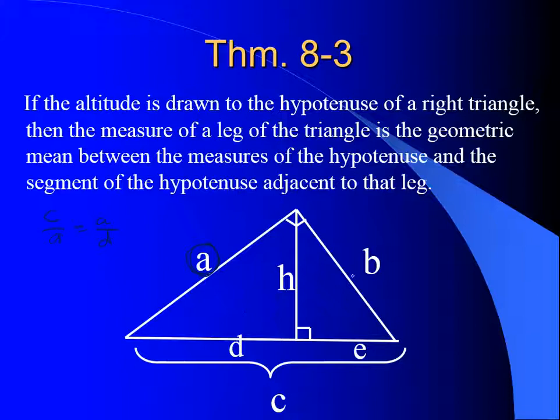This leg follows the same pattern, but it's going to be the piece that touches it. So let me do it here where you can see it better. The leg is the geometric mean between the entire hypotenuse, C, this whole thing, and the piece that touches that leg, which is E.